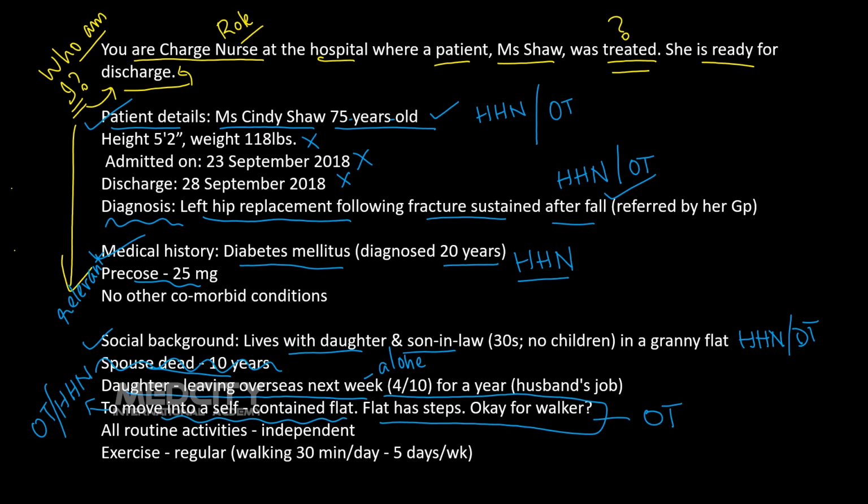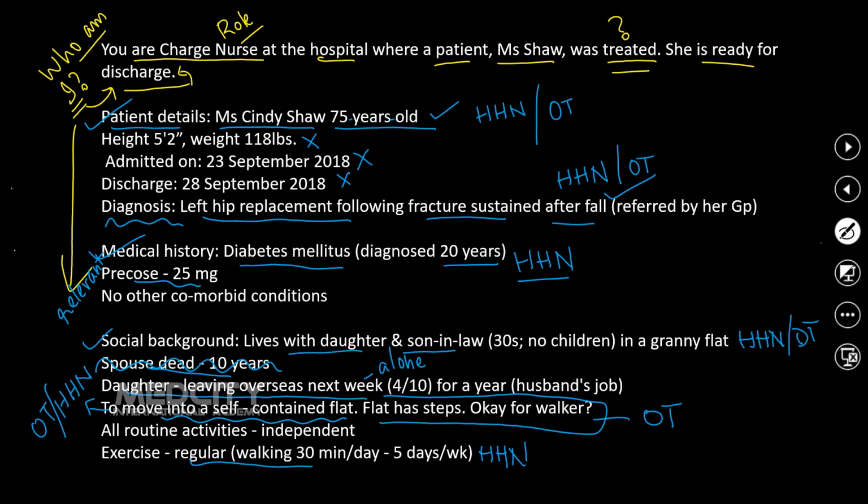All routine activities, independent, okay. Exercise, regular walking, 30 minutes a day for 5 days. Okay, so that is not really important, but maybe if you want to mention this to the home health nurse, because she'll have to make sure that the patient walks regularly, so probably that for the home health nurse, but not to the occupational therapist.